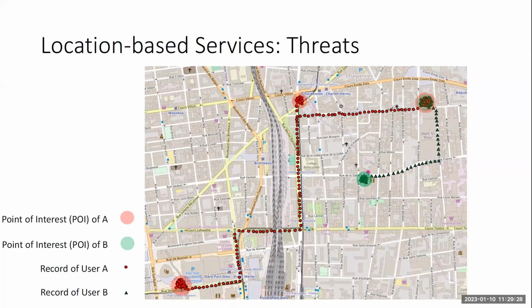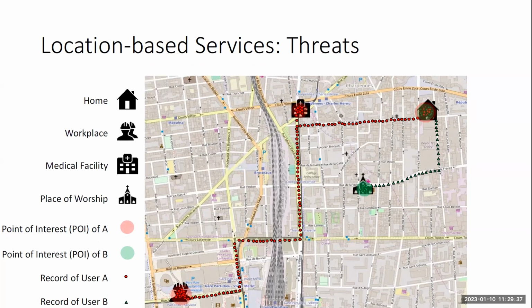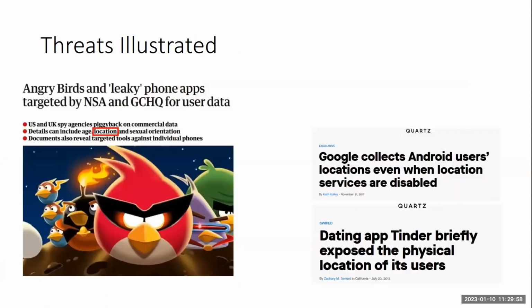This is what we call points of interest, which can also be extracted by clustering geolocated data. Further analysis can then allow us to infer additional information such as home, workplace, interests like religion, sexual preferences, and so on and so forth from mobility data.